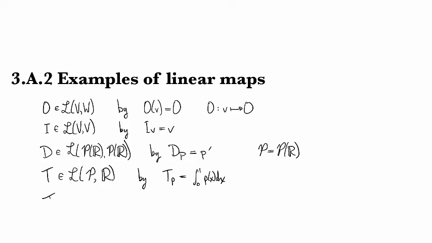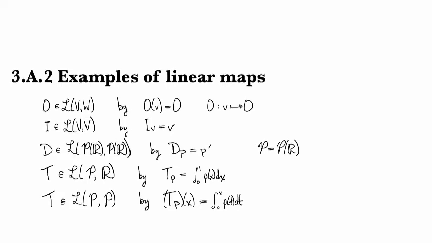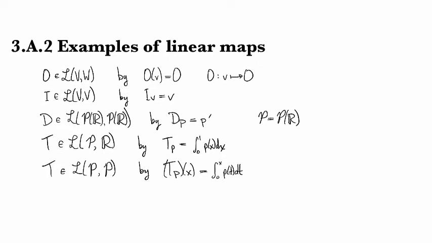And by the same token, we can also do indefinite integration. So now we're going from P to P. Actually, let me back up. I'm going to say Tp at x is equal to the integral from 0 to x of P. Okay, so the output of that will be a function, but it's still a linear operation.